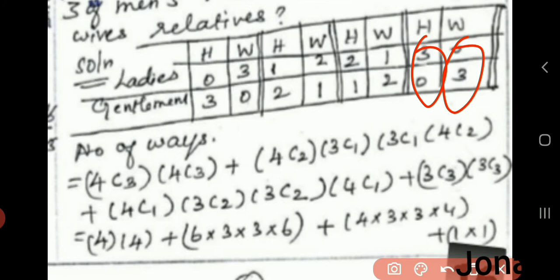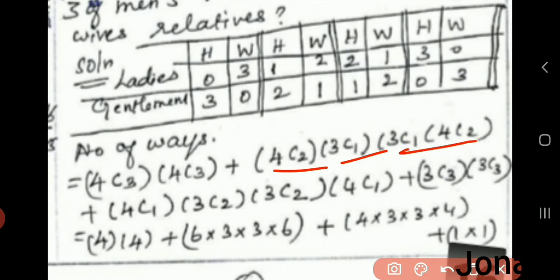Then we want to simplify this. 4C3 into 4C3 is 4C1 and 4C1, that is 4 into 4. And then 4C2 into 3C1. 4C2 is 4 into 3 divided by 2 into 1, and then 3C1 is 3 only.